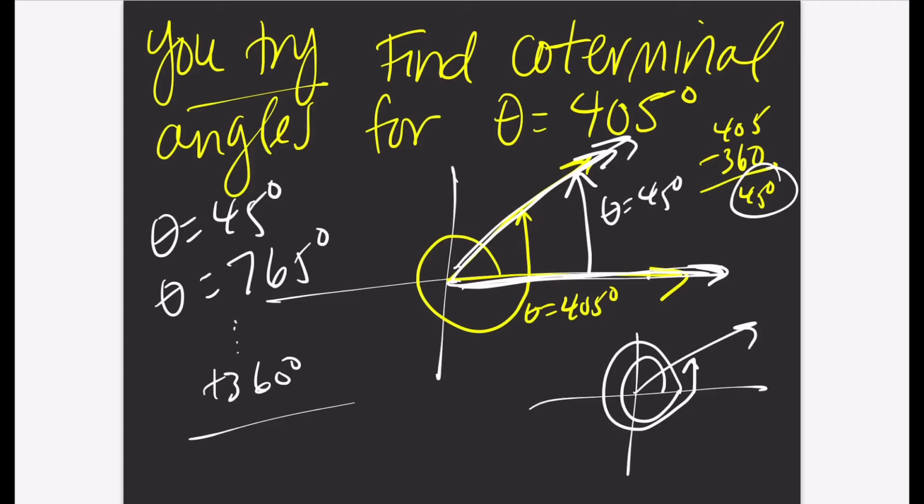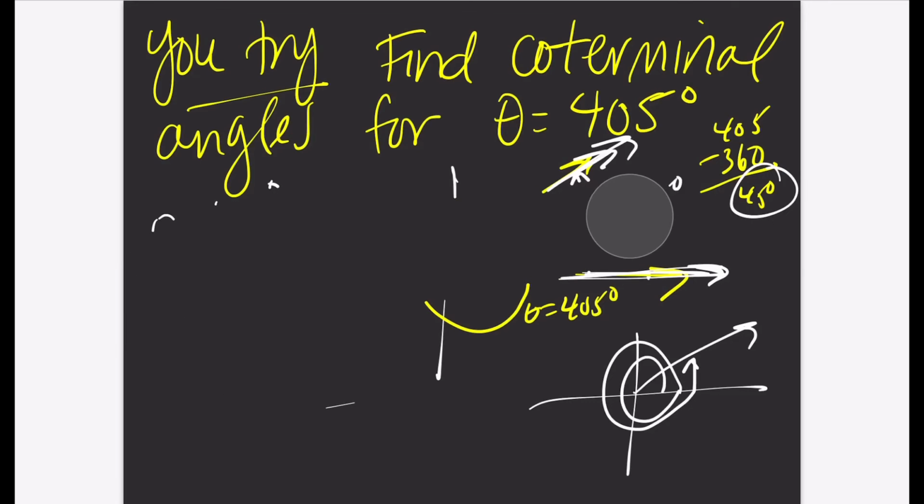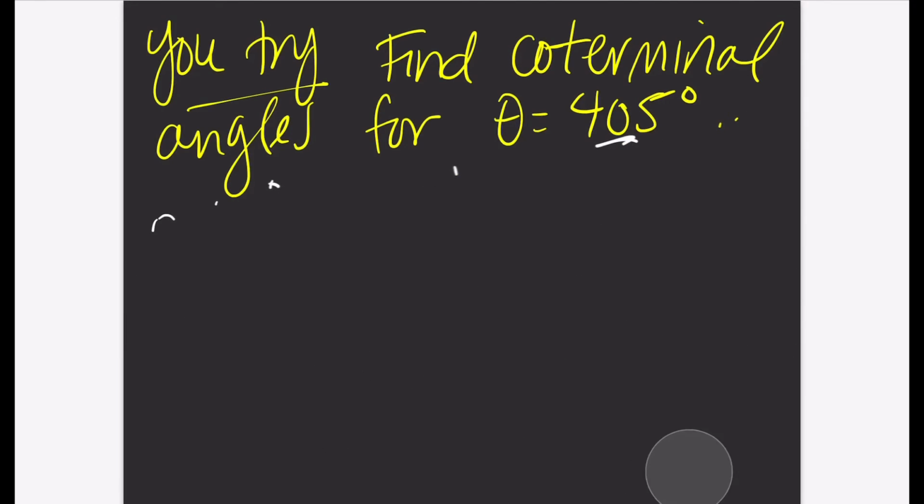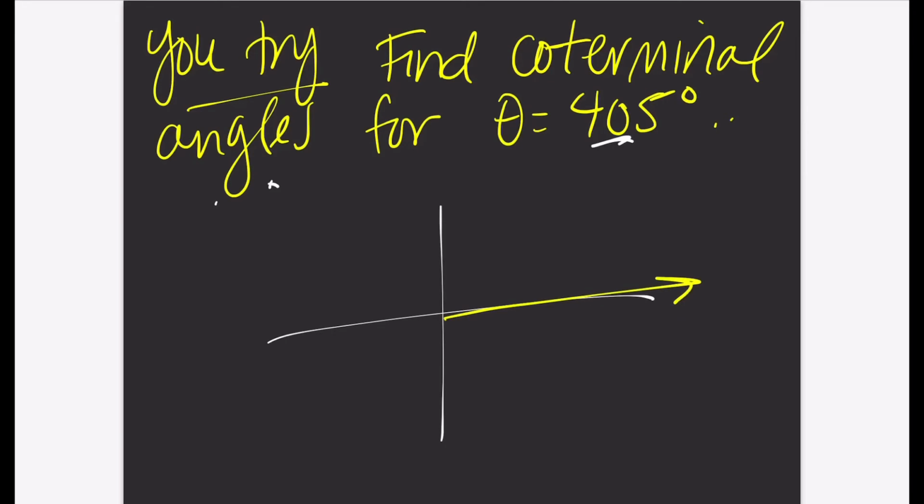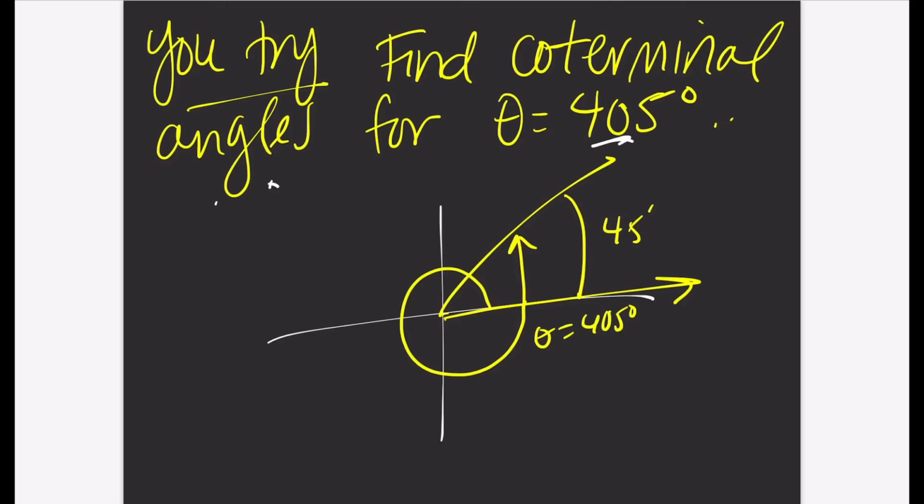Now let's look for 2 negative coterminal angles. I'm going to start again by drawing my angle. Here's our initial side. From here to here is 360. I needed 45 more. That lands me at 405, and we're going to keep this 45 degrees in mind.